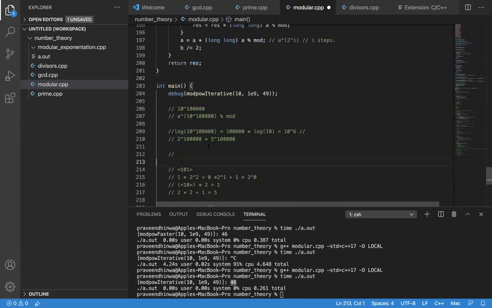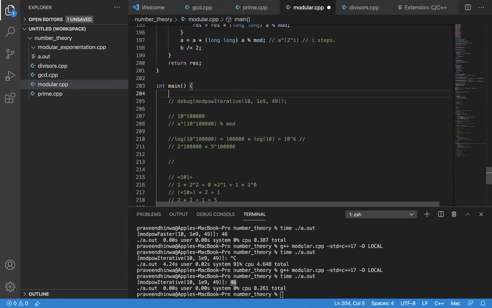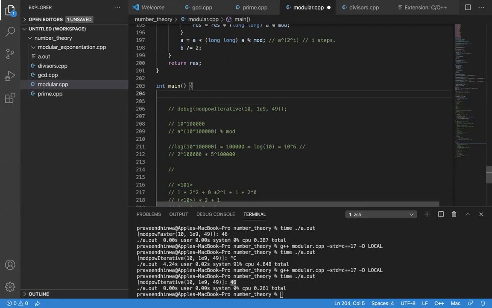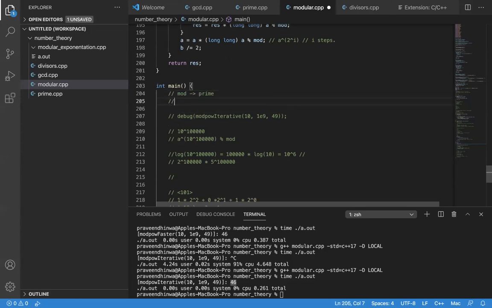In fact, usually there are some interesting properties that you can use. So suppose this mod is prime. Then there is an interesting property of prime numbers that a power p minus 1 is 1 mod p, where p is prime.